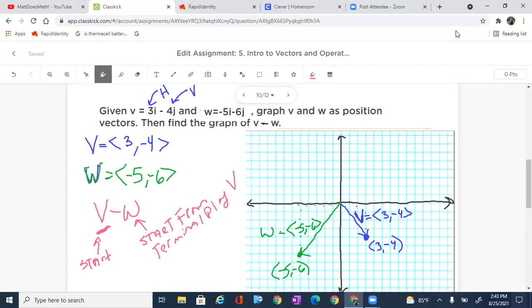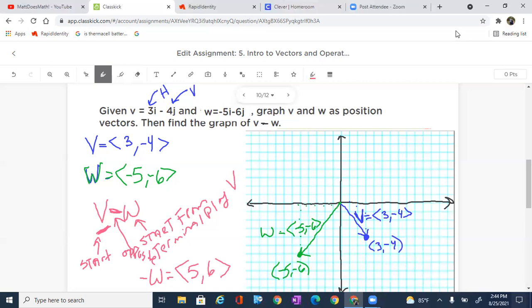Okay, but now the important part is to think, well, it is minus w, and this simply means the opposite. So if w is negative 5 and negative 6, that means minus w, or negative w, is going to be the opposite of that, which is simply 5 and 6. And what we're actually saying here is that we're turning the direction to the opposite direction. So the horizontal component is 5, the vertical component is 6, and that's what I'm going to do.